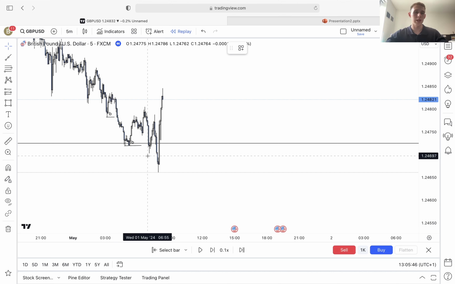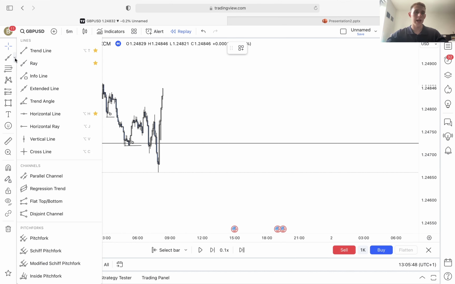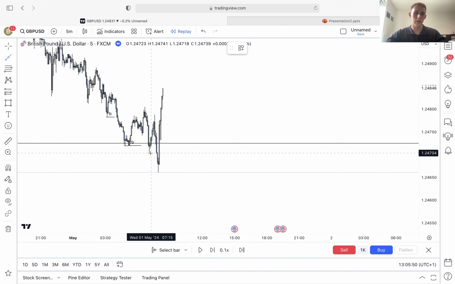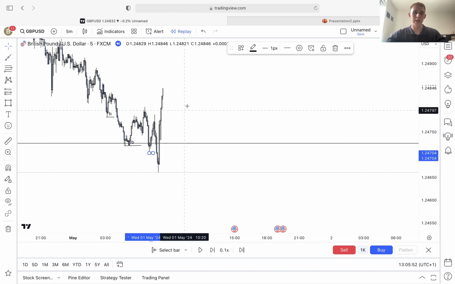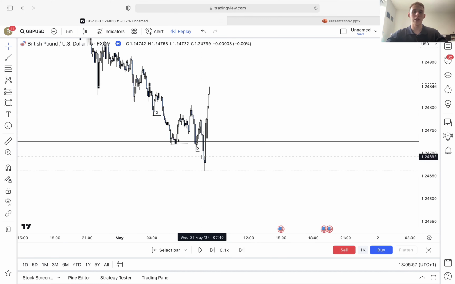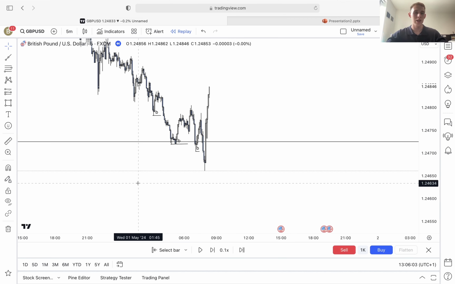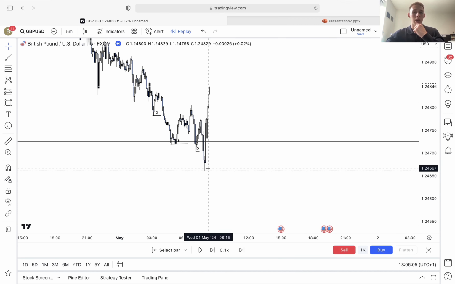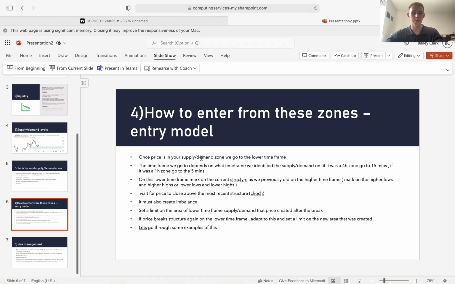And once again, price pulled back, pushed down, and broke this low just here. However, what we can see now is quite interesting because price has broken out of this downtrend. We can see that once it came into our area of demand, which is this white box, price then pushed up, breaking the most recent structure, which is the next step of the entry model.